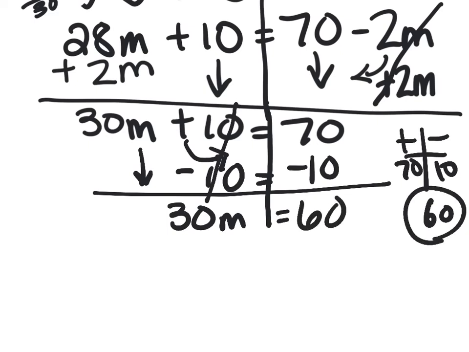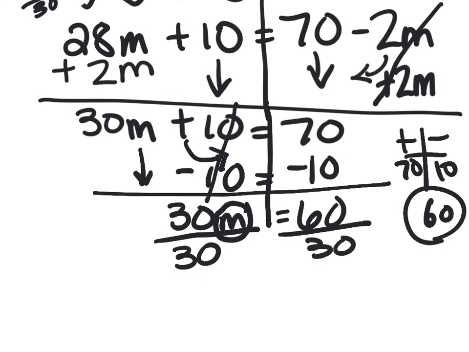Don't forget my equal sign. And now I need to isolate my variable. Remember, that's the last stage. So here we go. I'm going to divide by whatever number is with the variable to get rid of it. Simplifies out. And 60 divided by 30 is 2.